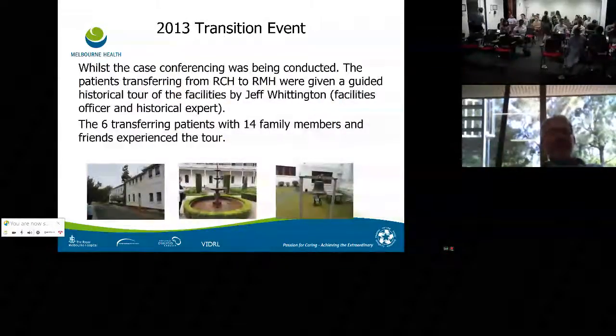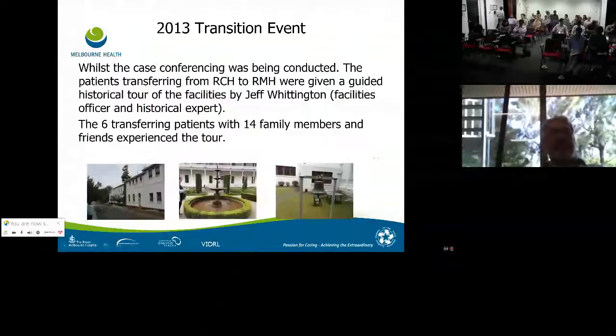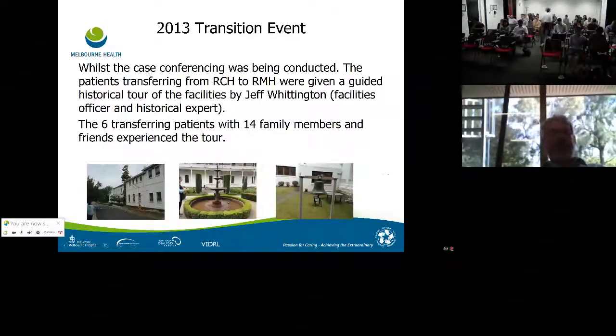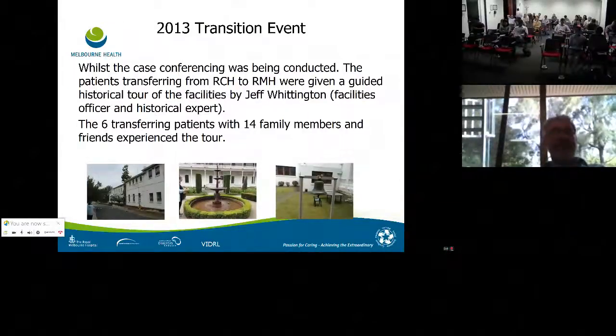The patients, whilst we were talking, were given a guided tour of our rather elderly, old Royal Park campus, which is rather a pleasant facility. But we do have rather more updated facilities than that.